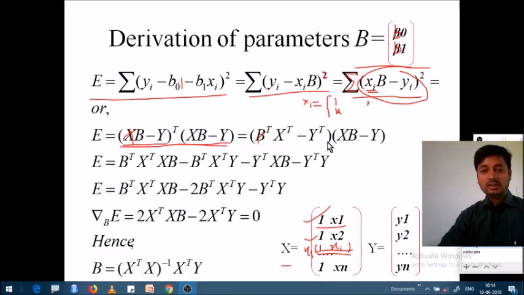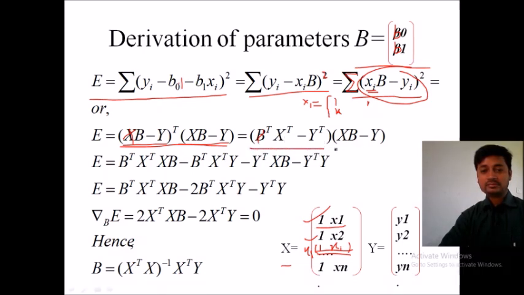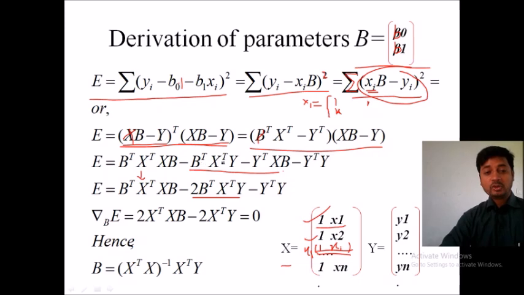Now if you multiply these two, you will get b transpose x transpose x b. Again, b transpose x transpose y is equal to y transpose x b; both are equal.